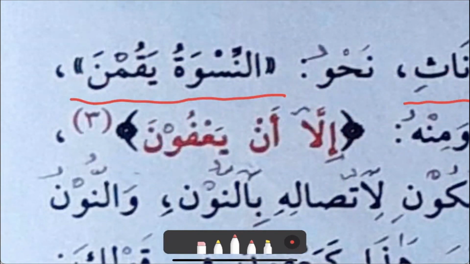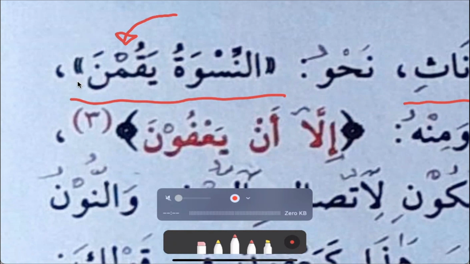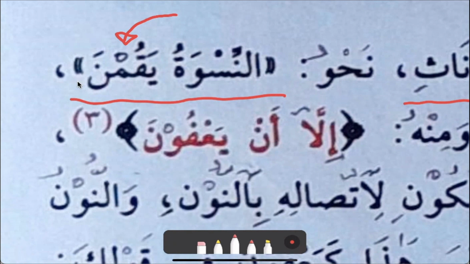Here's the bina on a sukoon. Yaqumna, because of this noon attaching, suffixing to the verb. The noon of the women. It means the women, they stand. An-niswatu, the women, yaqumna, they stand.